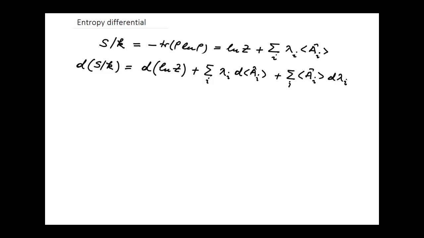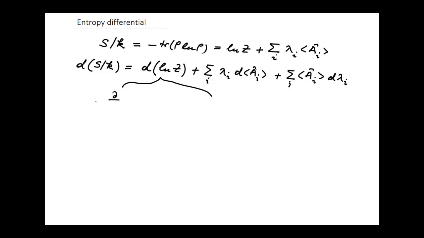What is the total differential of the log of the partition function? Here we can use the results from the previous page. We can write this as: the log of the partition function depends on the Lagrange parameters and the control parameter.